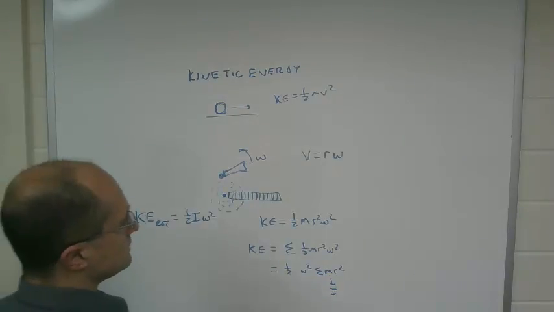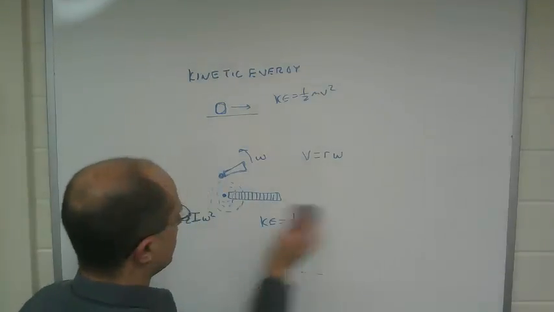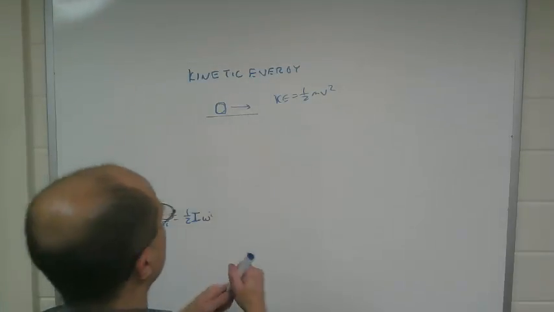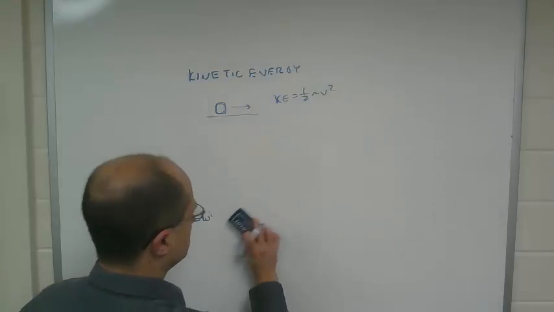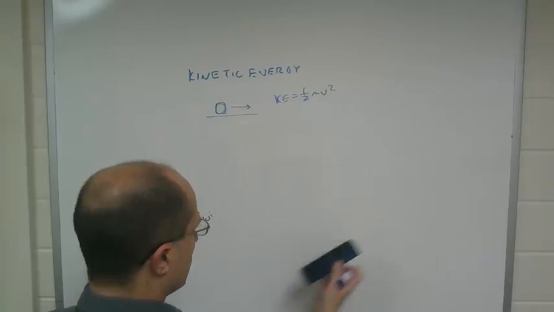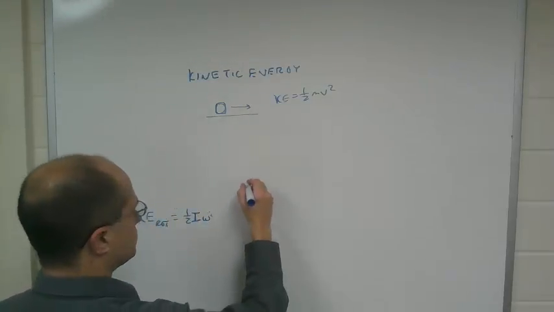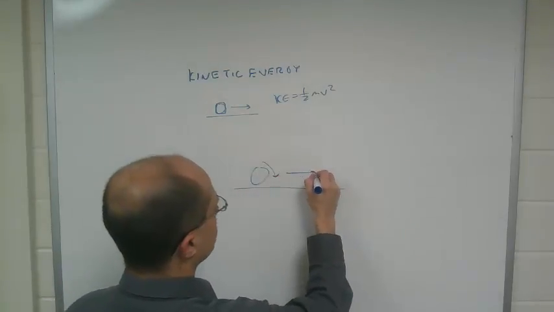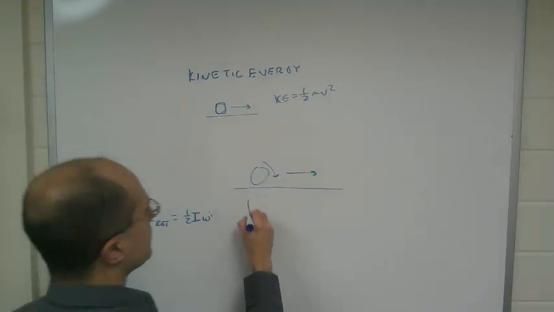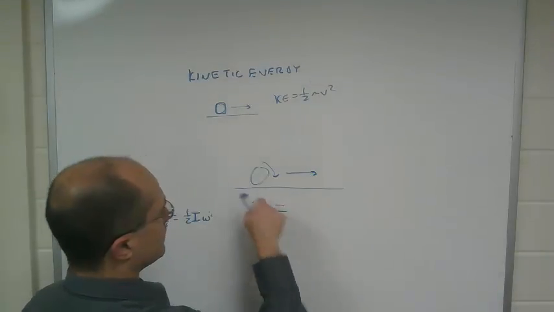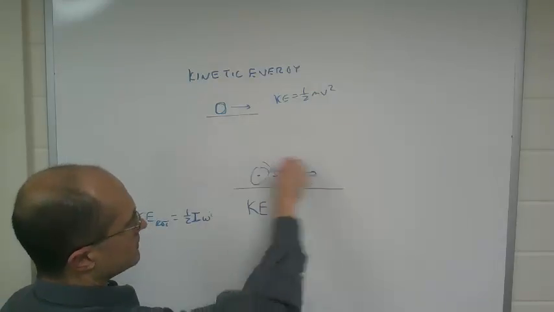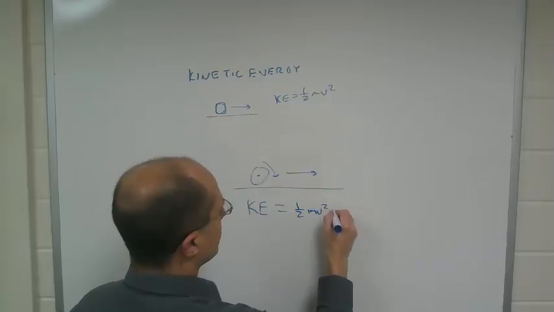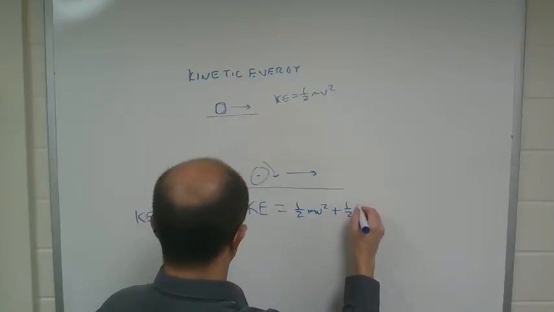So if that's our kinetic energy of rotation, and this is our kinetic energy of translation, what we need to do is ask, what happens if we have some object rolling and translating? Well, then the kinetic energy, because it's translating this way and rotating, you just add both parts of motion.